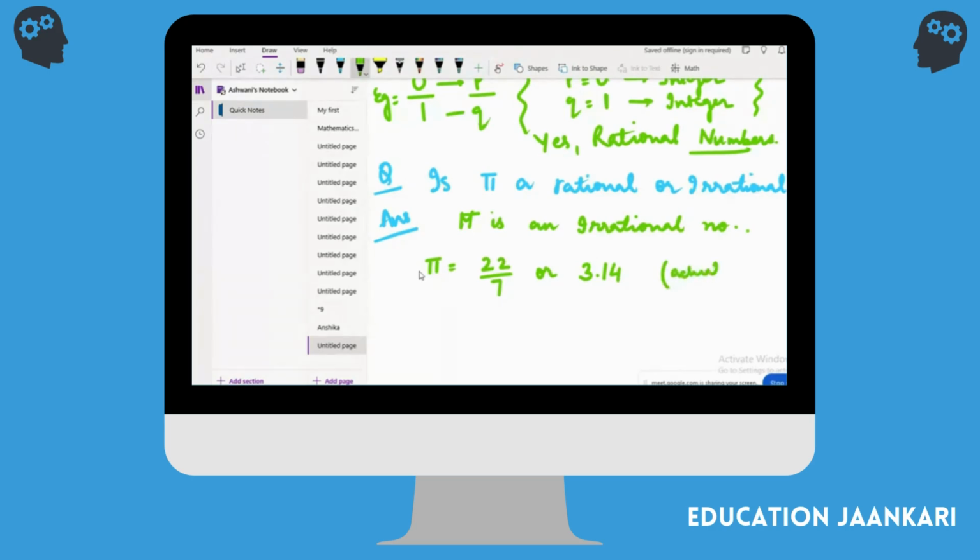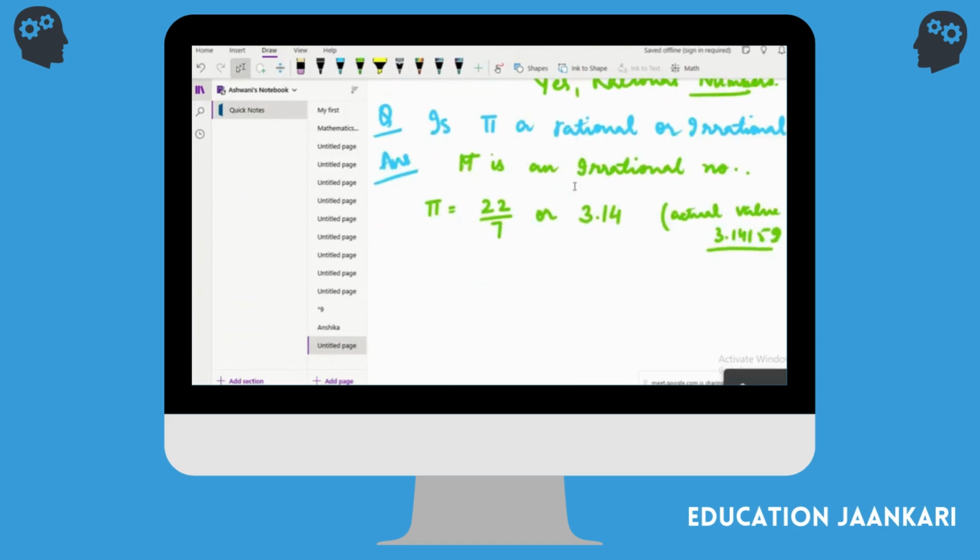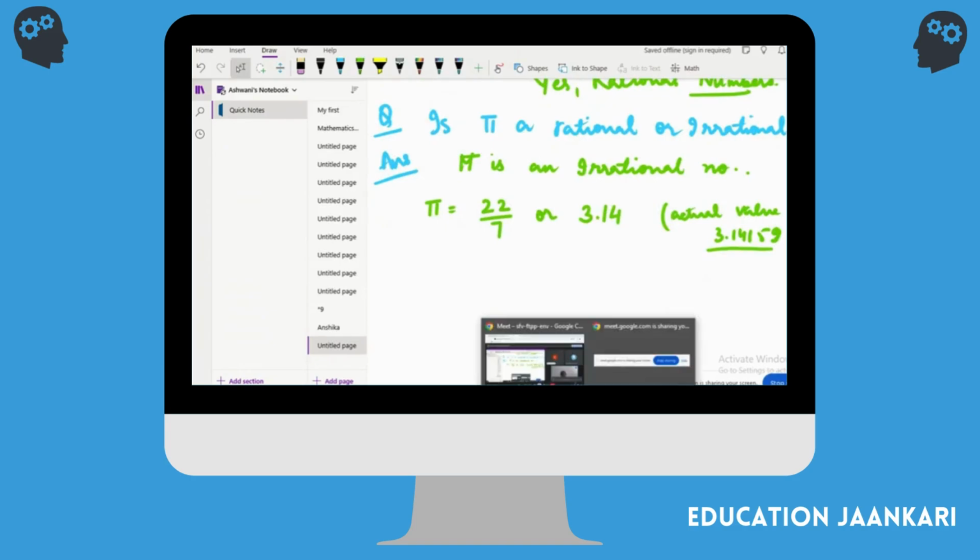the actual value of pi is 3.1415926535 and so on. This continues on. So what is this number? If we have a number like this, 3.1415926535, this number is called a decimal value.